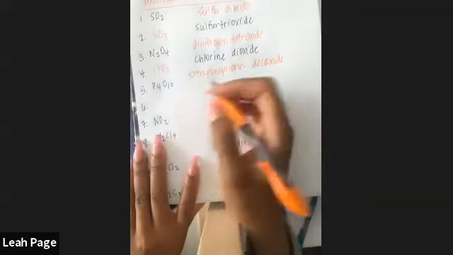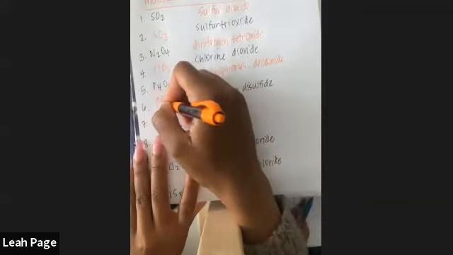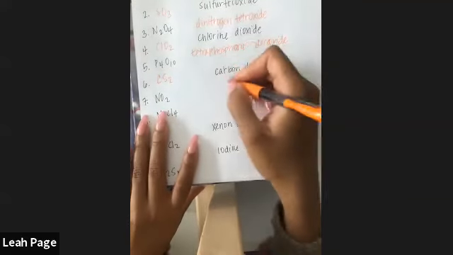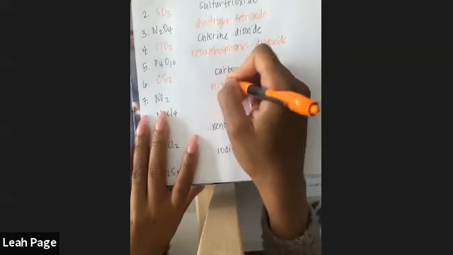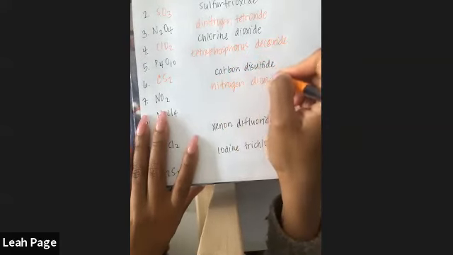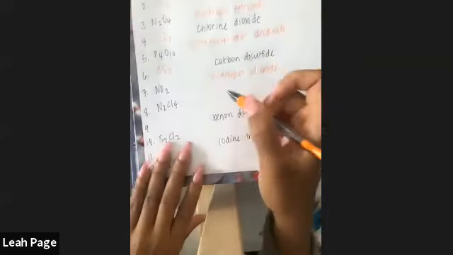And then carbon disulfide, CS2. Now this is nitrogen dioxide. You see this one's a lot simpler than the ionic compounds.